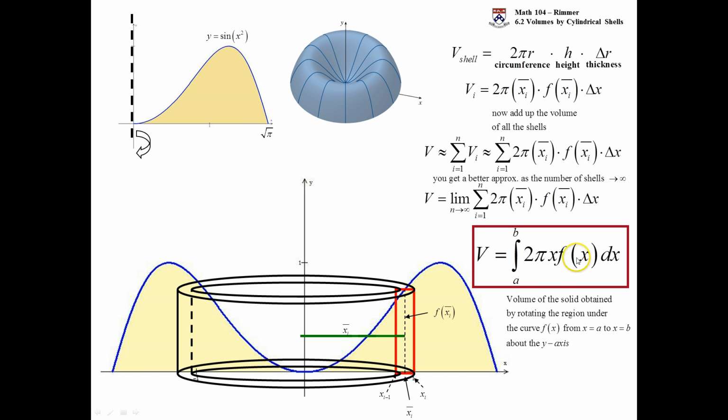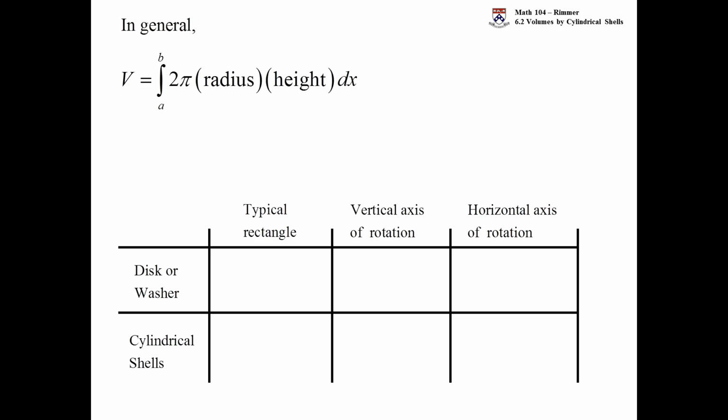In place of f of x, where does f of x come from? It's the height. So generically, it's going to look strange to write it like this, but anytime you go to set up the volume of a solid by shell, I want you to think about this particular integral here. 2 pi times the radius times the height. That's going to be what you integrate from some a to b.